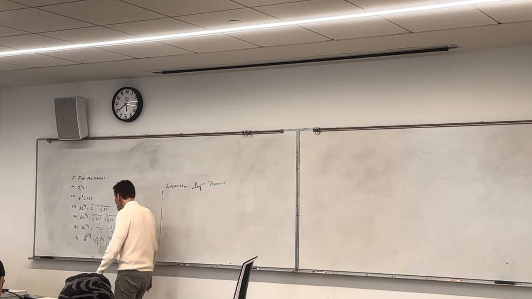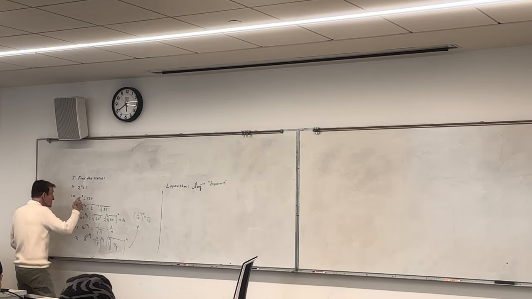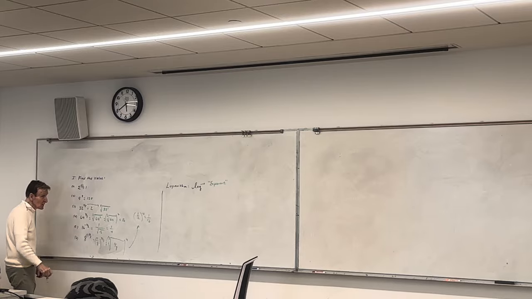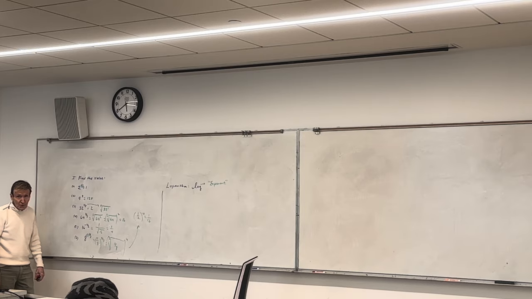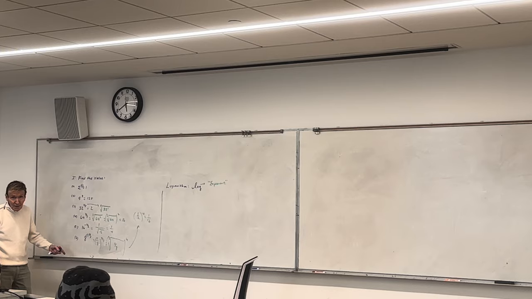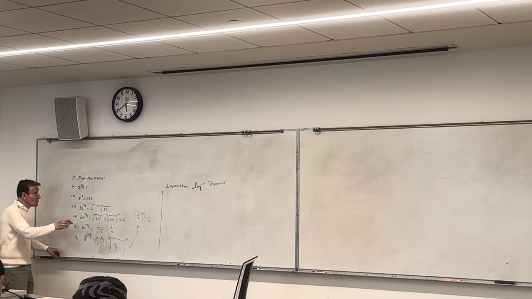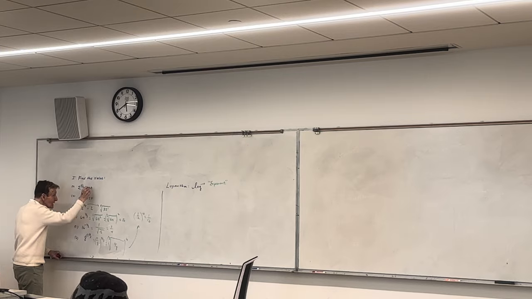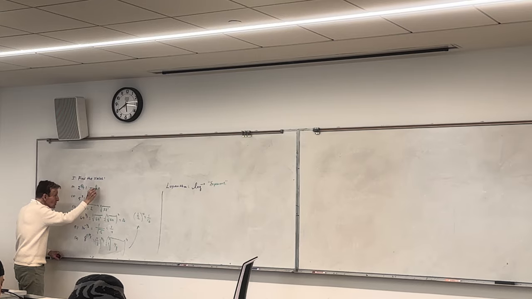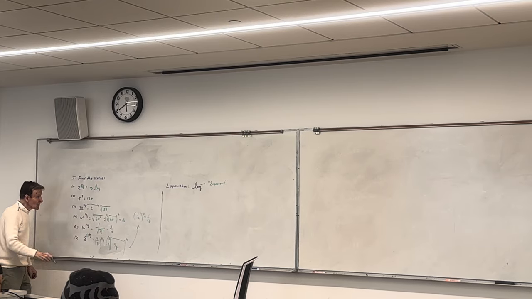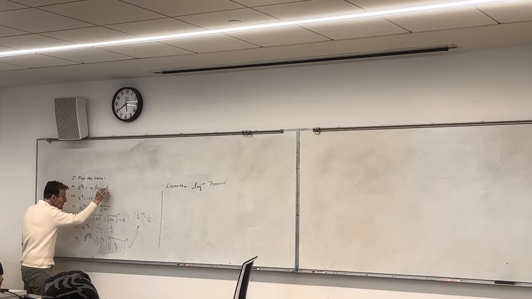My first example is 2 raised to the 0 is equal to 1. You say, Professor, the exponent's 0. So you tell me that that's what the log is. I'm saying here, you want to rewrite it using the abbreviated LOG, logarithm.